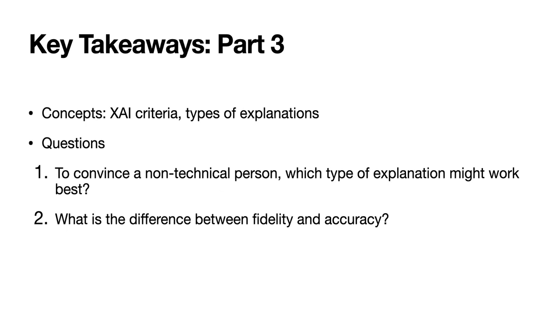The question is what type of explanation might work best to convince a non-technical person. Keep in mind that if you think about the different categories we saw, it really depends on what this non-technical person is looking for. But presumably something like a text explanation that involves perhaps either a local characteristic or a prototypical example might help a non-technical person grasp what the model is doing, right? This is up for debate.